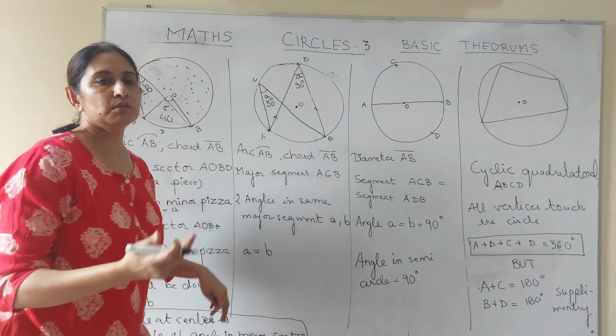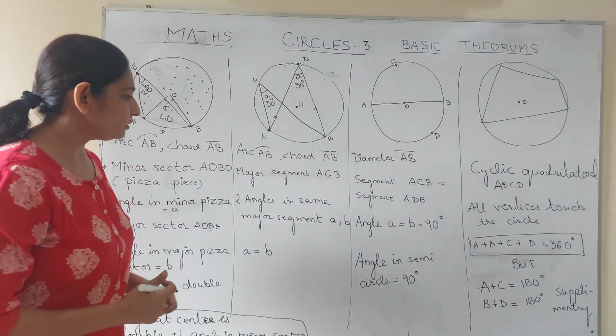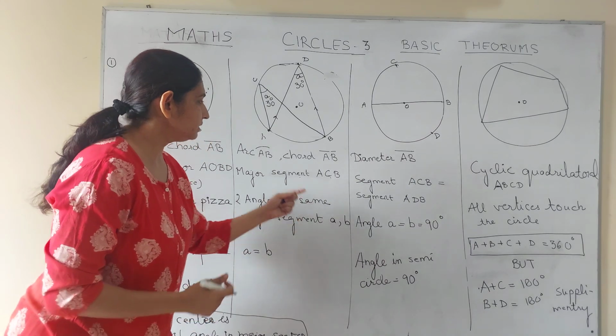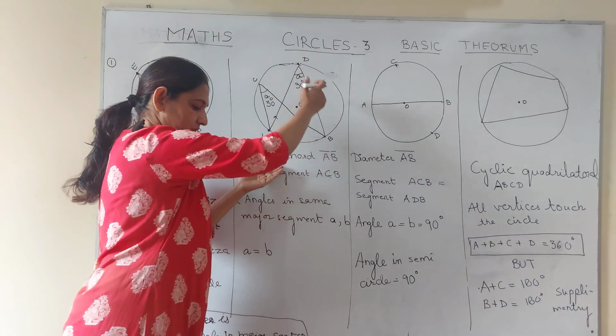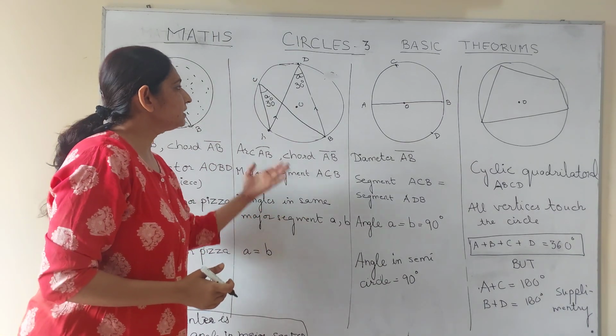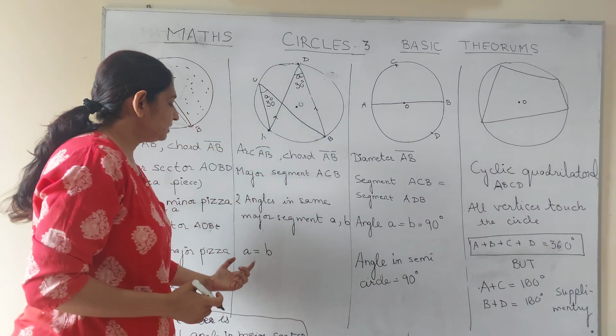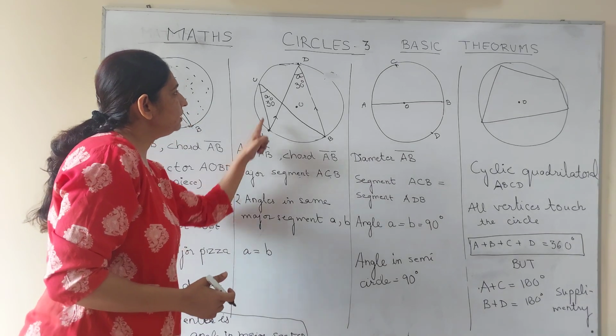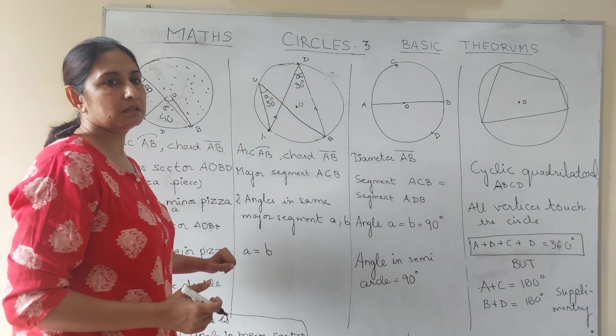Both the students will give you the same answer. Okay. So if you have 2 angles in the same segment, too much falling happening today. Two angles in the same segment, then the angles will be equal here.